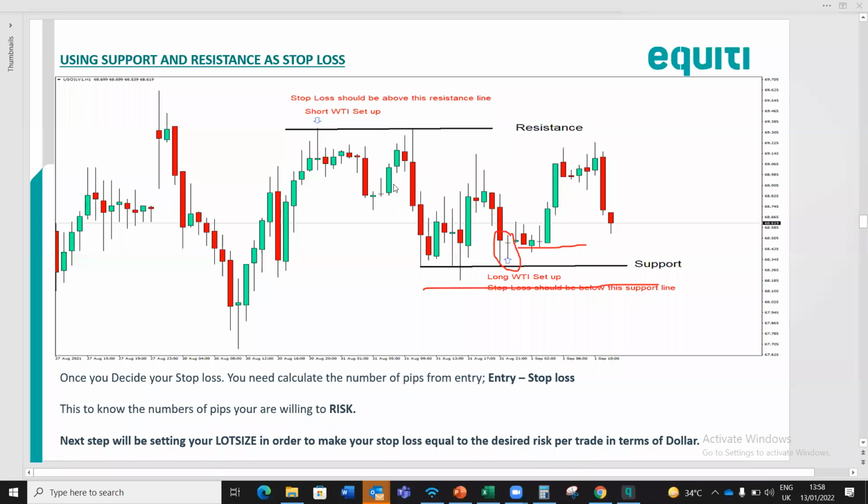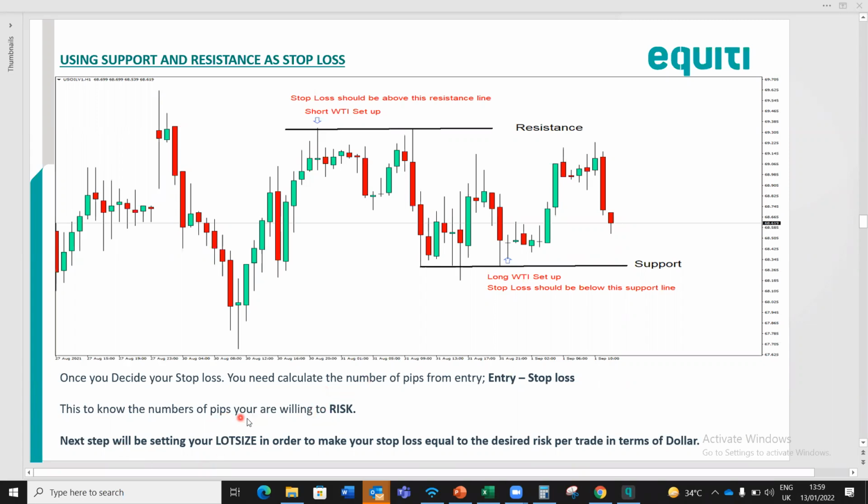Our stop loss should be above this resistance level, so we can have our stop loss at probably this significant high, considering this past level. So this is one of the ways that we can determine how to place our stop loss using the support or the resistance.